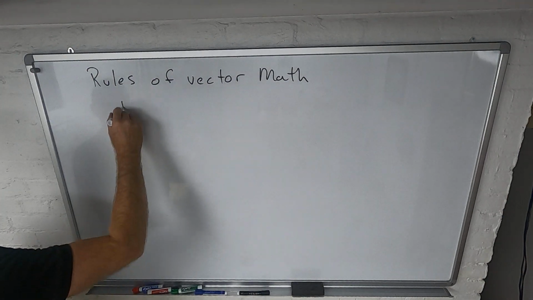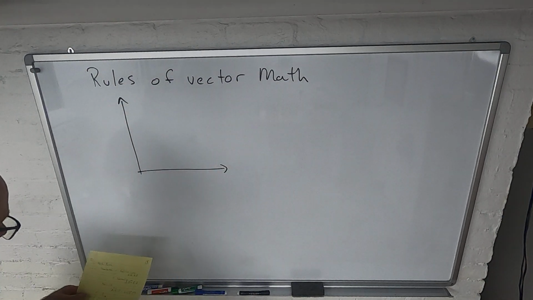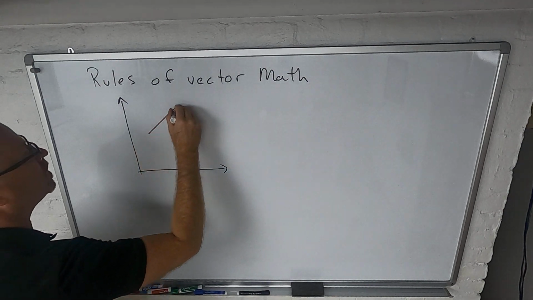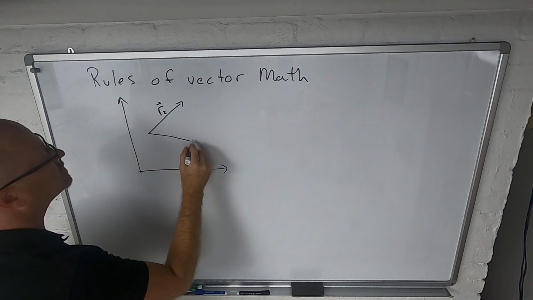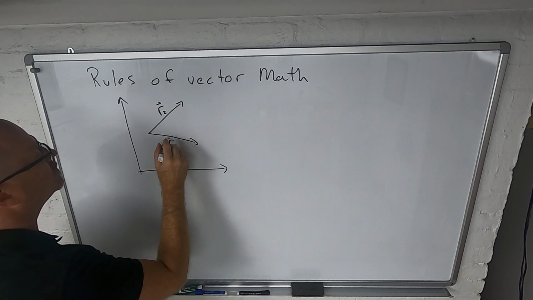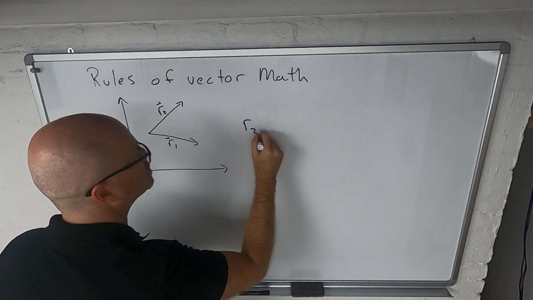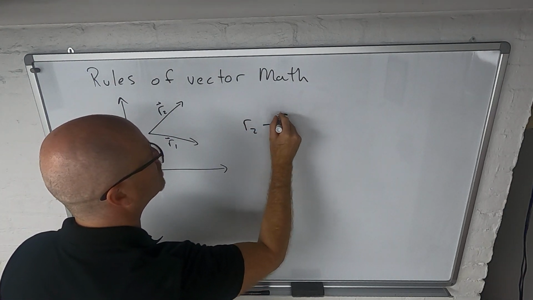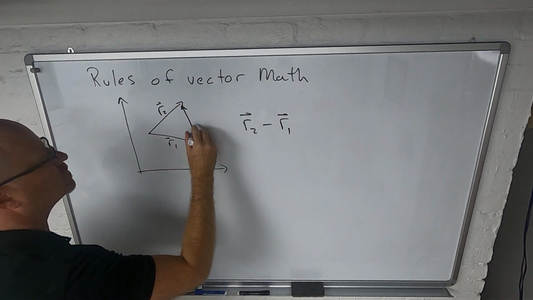And so for example, let's just go back to our two-dimensional space, because it's easy to draw. Let's say we have a vector, we're going to call this one R2. We're going to call this vector R1. And I'm going to say that the difference, R2 minus R1, is going to point towards R2.